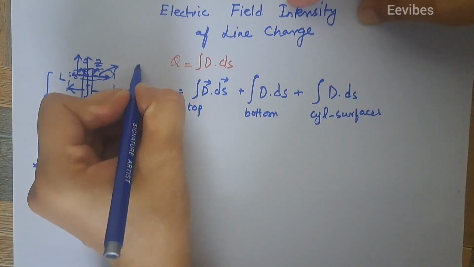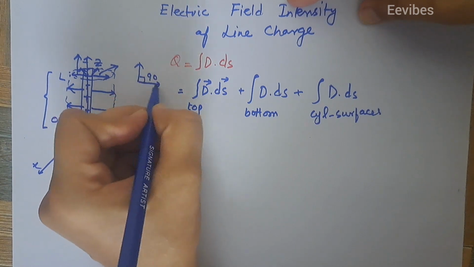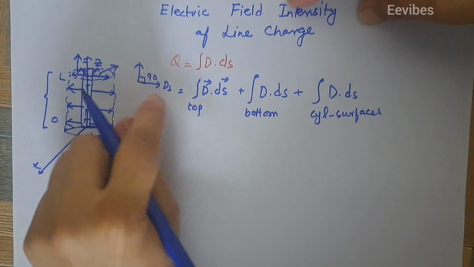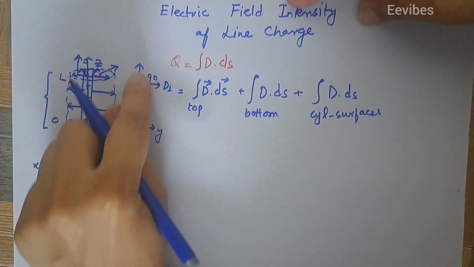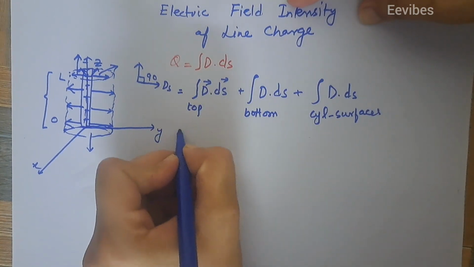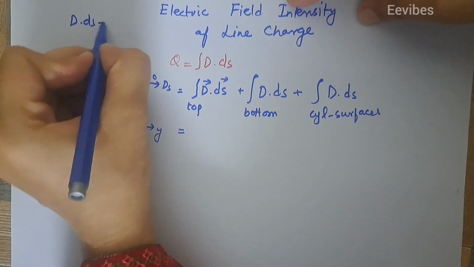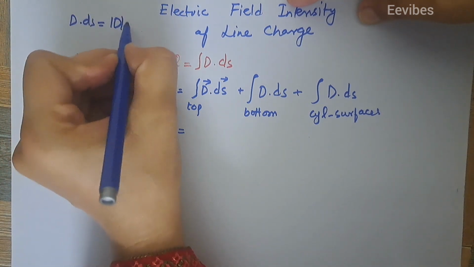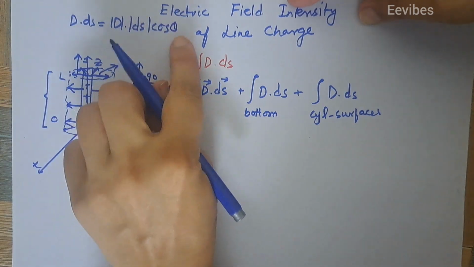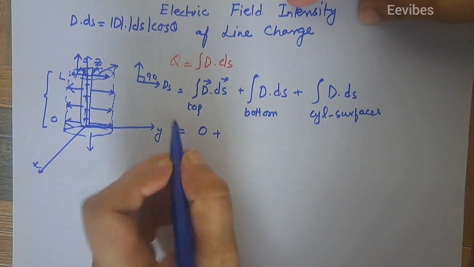So the angle between D and dS is 90 degrees, because D points along the radius while the surface area points upward. That's why this dot product becomes 0, because D dot dS equals the magnitude of D, the magnitude of dS, and the cos of the angle between them, and cos 90 is equal to 0. So this expression becomes 0, then plus.